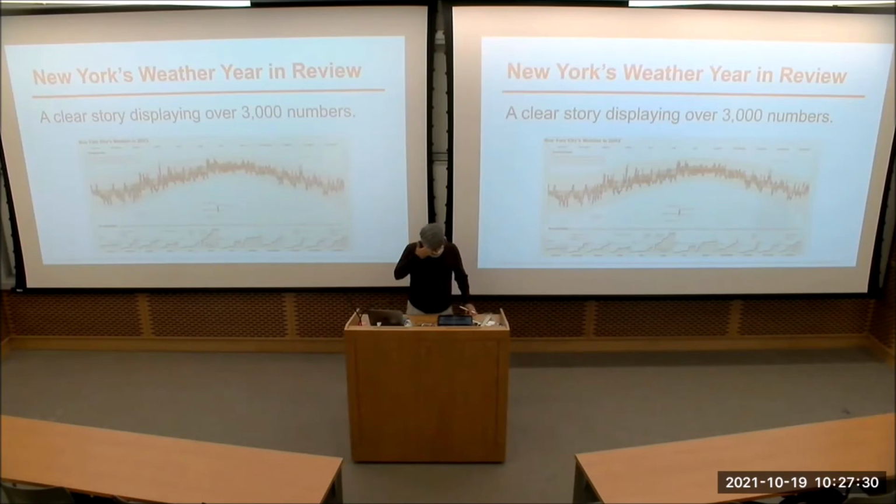And what do I see in the background? I see the record high and the record low for that date. This is the average high and average low for the date.